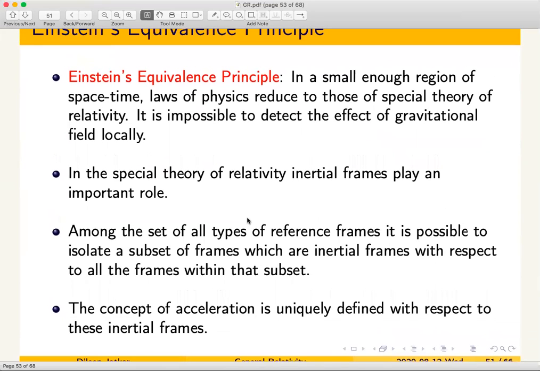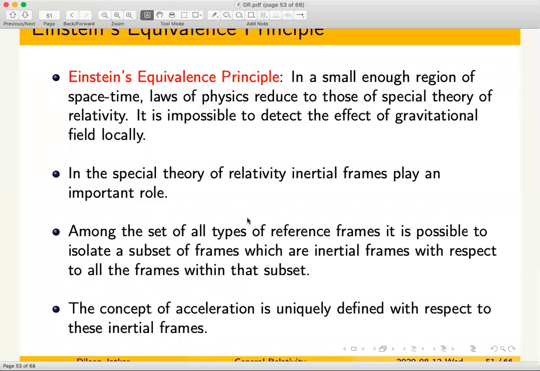Let's define the inertial frames in the following way. Among all kinds of reference frames that you could define, we will isolate a subset of frames and call them inertial frames with respect to all other frames within that subset. So we are looking at a set of all possible reference frames.